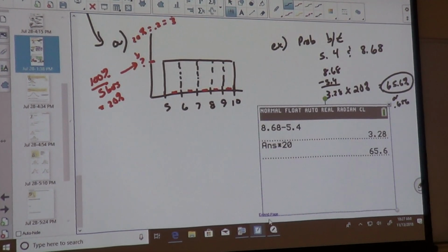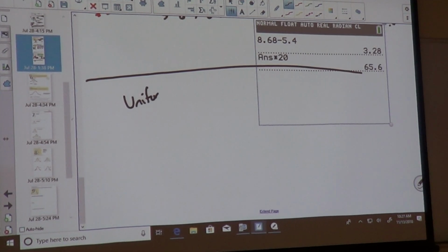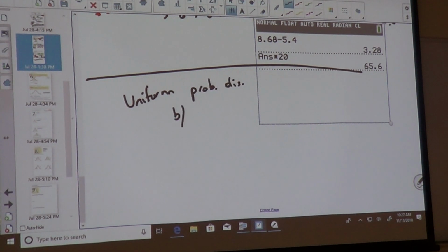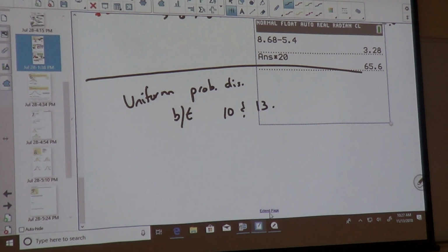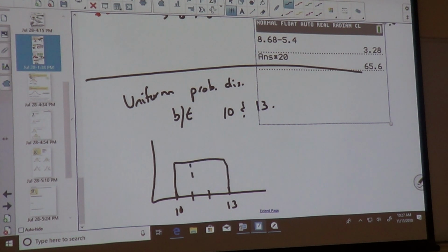Let me give you one more example. I'm not going to do any questions with it, but what if I said I had a uniform probability distribution between 10 and 13. So if I have 10, 11, 12, 13, how many bars is that? It's 3 bars, and all of that always adds up to 100% because the probability of everything is always 100%.